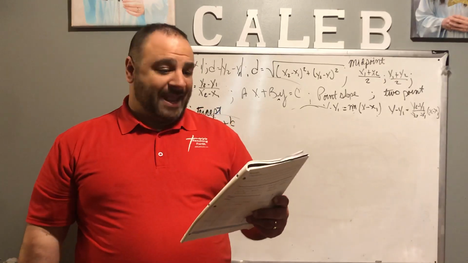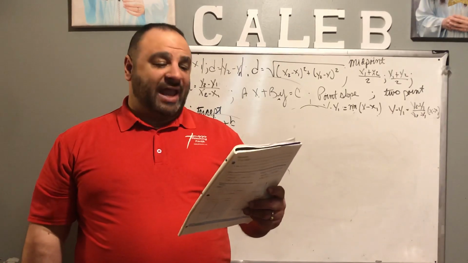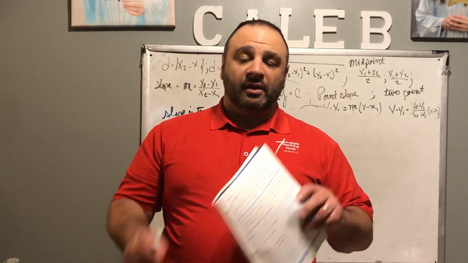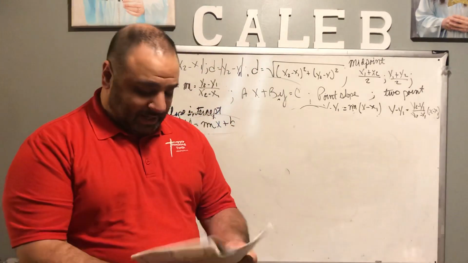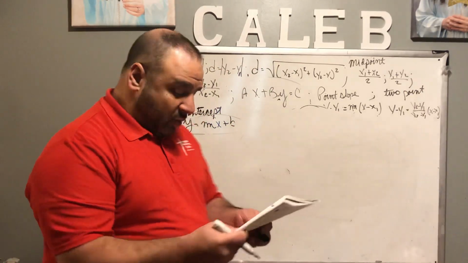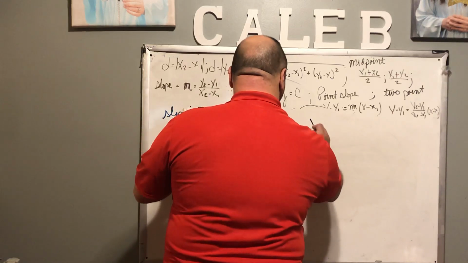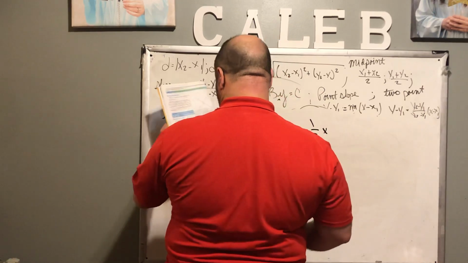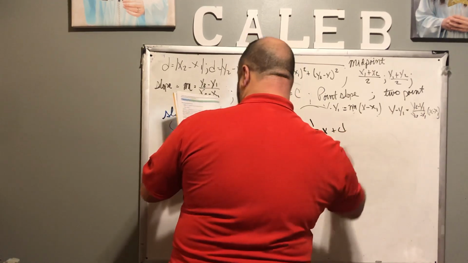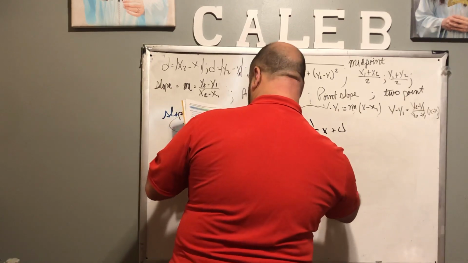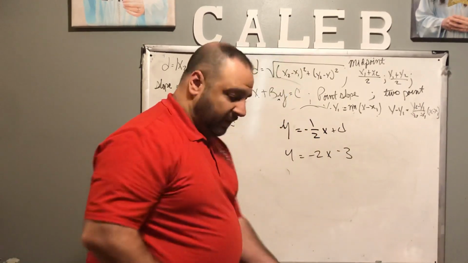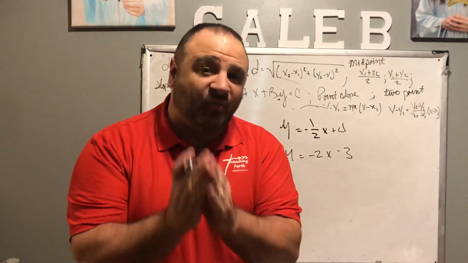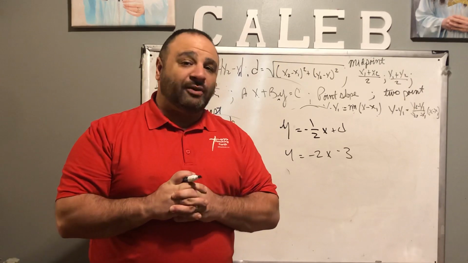Theorem 110: if two non-vertical lines are perpendicular, then the product of their slopes is -1. You say, what in the world does that mean? So if I have y equals -1/2 x plus 4, and then I have y equals -2x minus 3, let's take the slopes. If I multiply the slopes and the answer is -1, we have perpendicular lines.